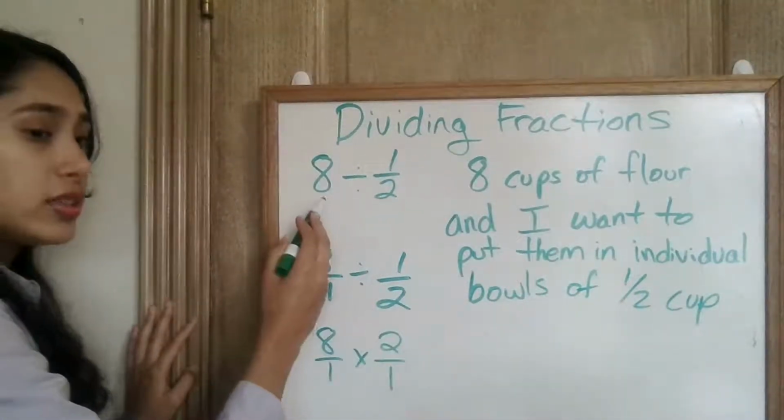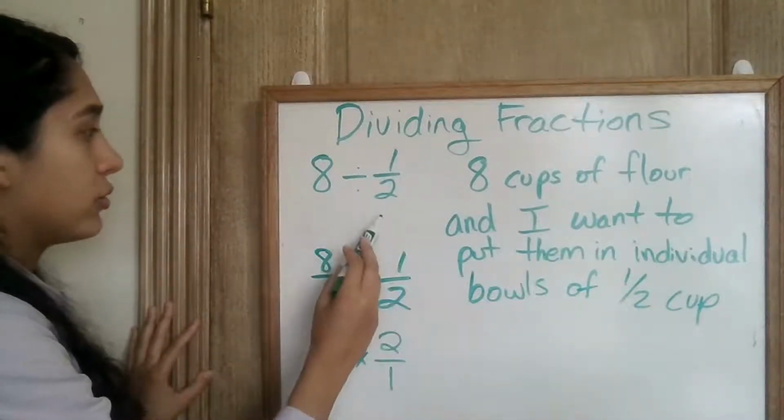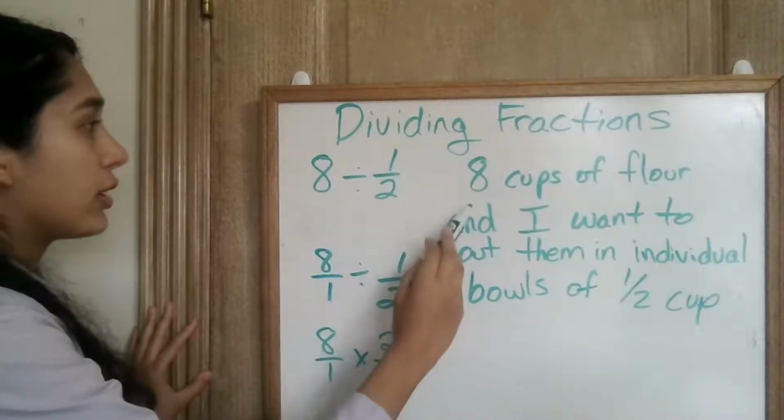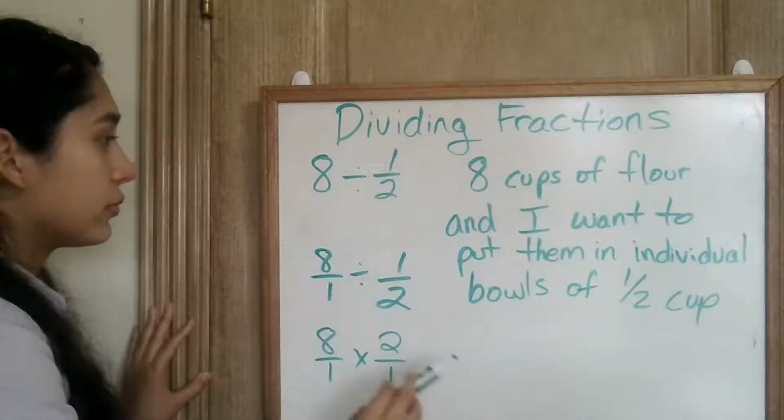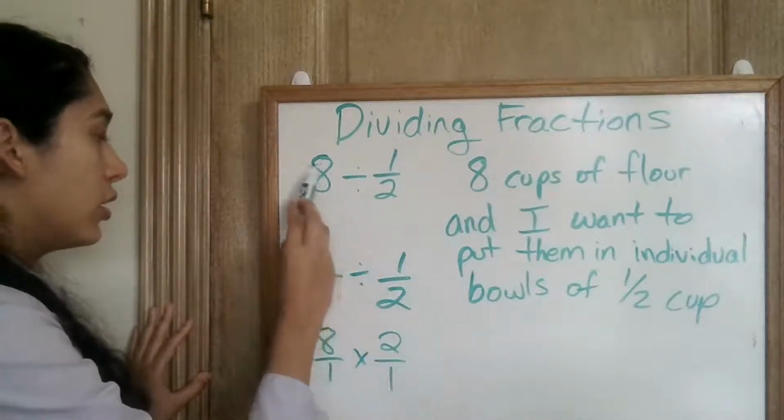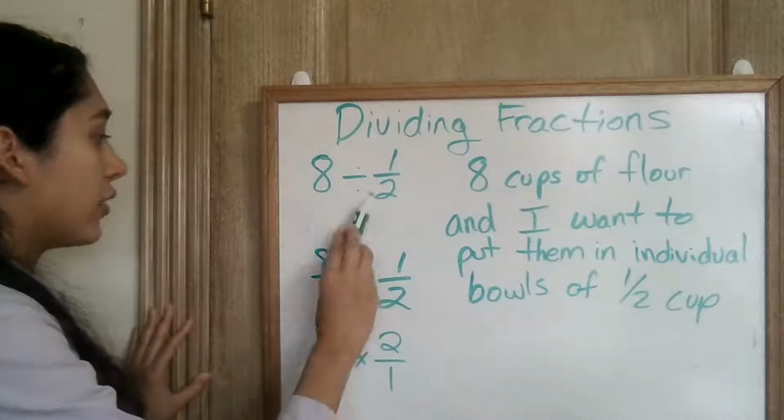So we have our 8, and then here we have half. So we're dividing the 8 cups of flour by the bowls of 1/2. So what is doing the dividing? That one's going to be flipped.